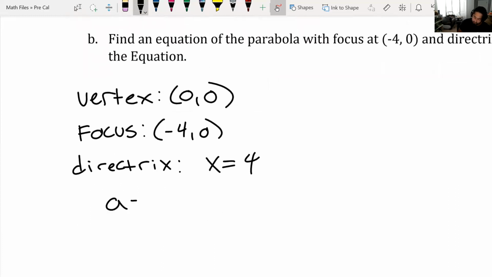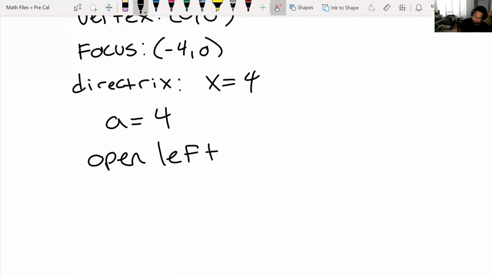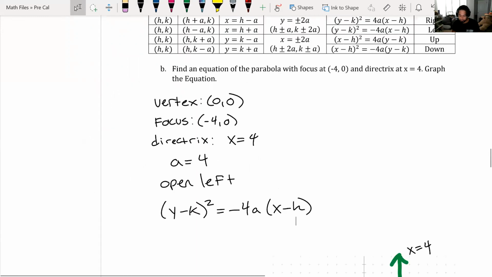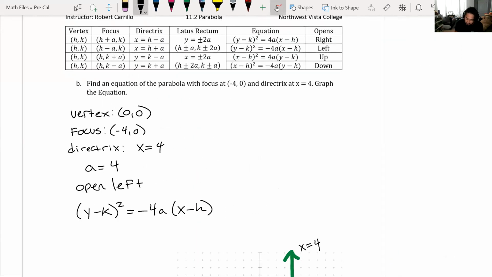The value of a, which is important, happened to be 4. And we know that we open left. So we will be at y minus k squared equal to -4a times x minus h, because we open left. Okay, plug in the information you know, and we'll have the equation of this parabola.